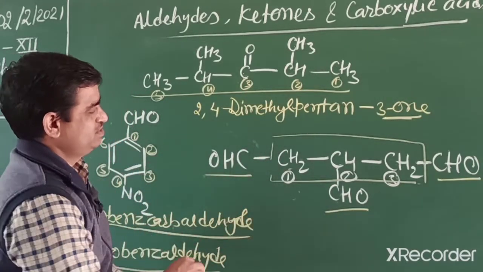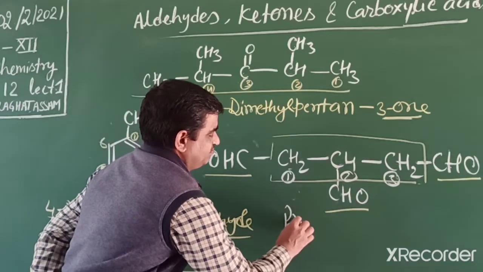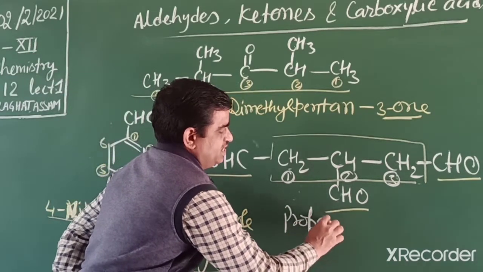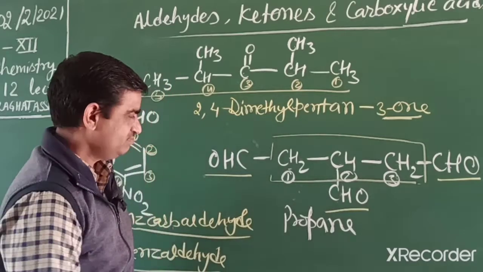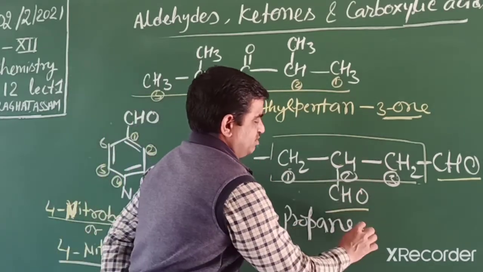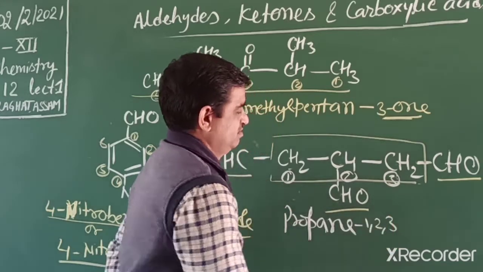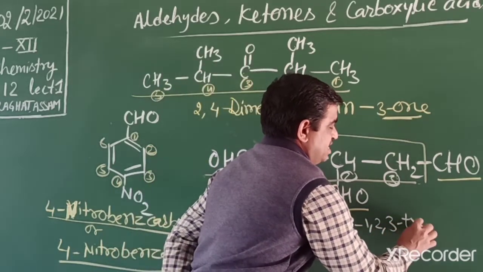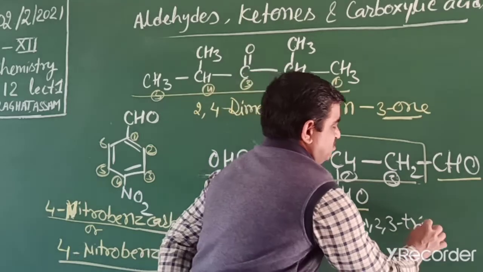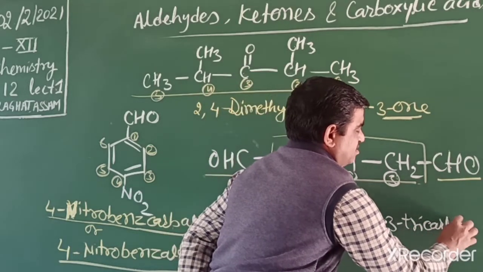So its name is propane. Then 3 functional groups, 3 positions: 1, 2, 3. Then carbaldehyde.